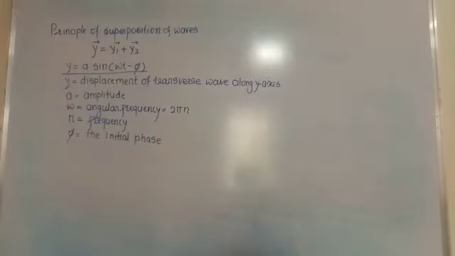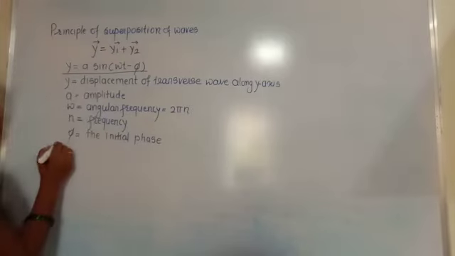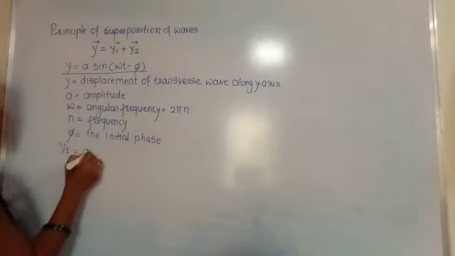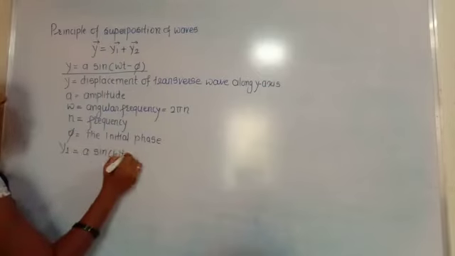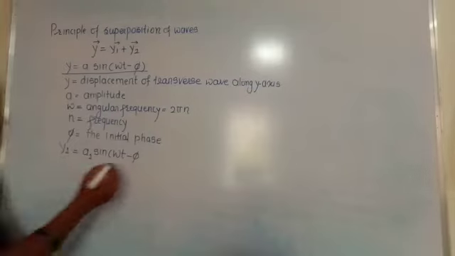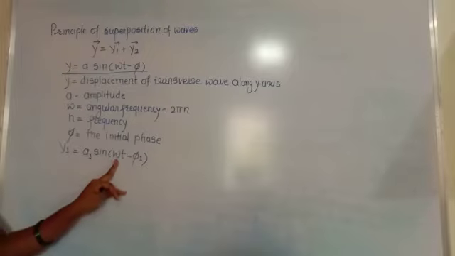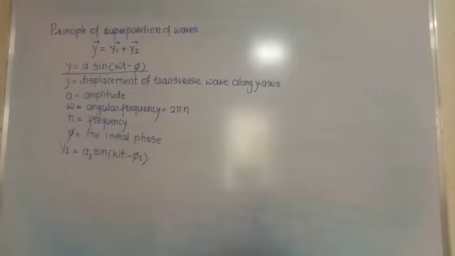So consider two light waves of the same wavelength, that is the same value of omega, traveling in the same direction. The first wave is y1 is equal to a1 sin(omega t minus phi1). As this is wave y1, its amplitude is a1 and its initial phase is phi1. Omega is constant because the two waves have the same value of omega and travel in the same direction.